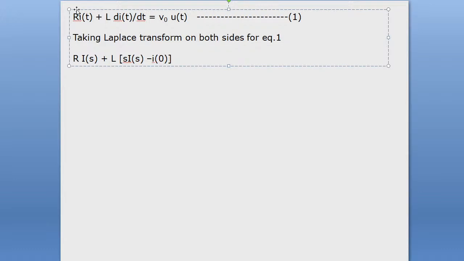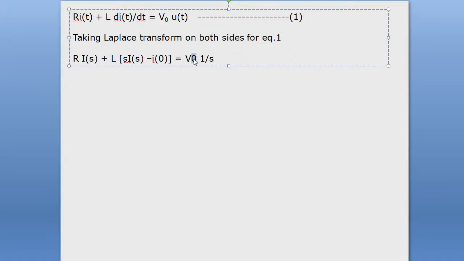And this will be capital V, not small v, equal to V naught, which is a constant term. The Laplace transform of the unit step function is nothing but 1 by s. You know it.